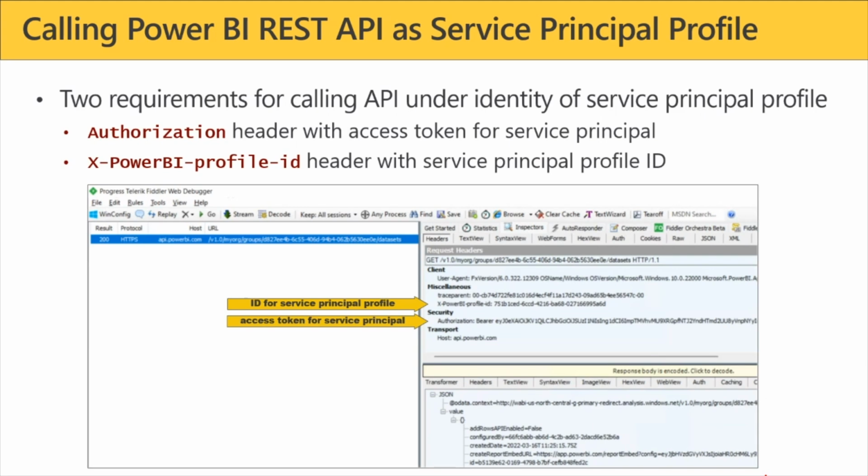And you also need to have the access token, just like in a service principal call: you have the authorization header, bearer space, and then the service principal access token. If you leave the Power BI profile ID header out, it executes as the parent service principal. If you put the Power BI profile ID header in, then it executes under the identity of the profile, not the parent service principal. Okay, what could be as simple as that?